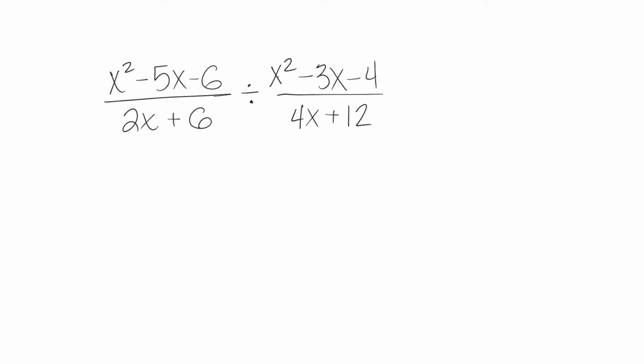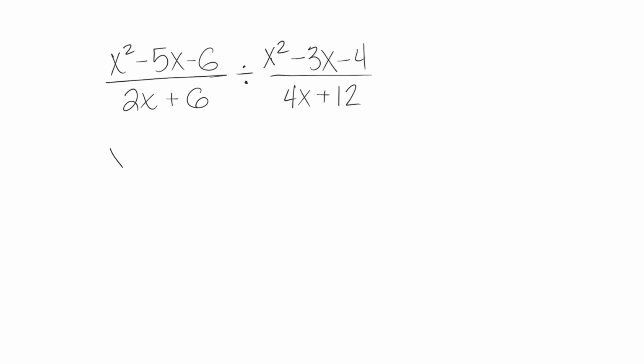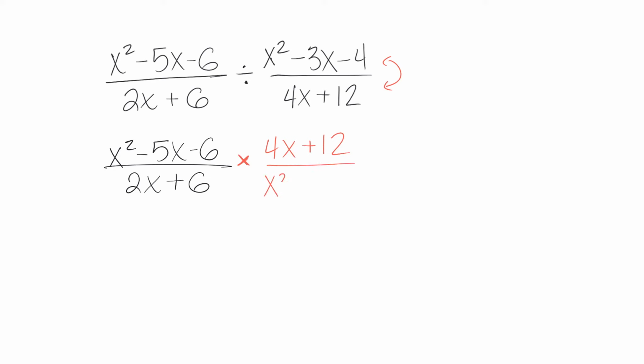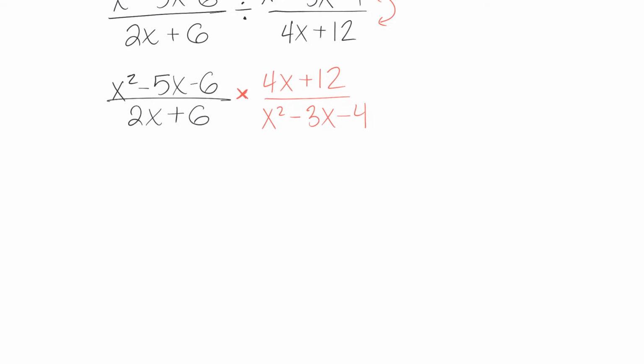Okay, I'm going to leave my first one alone because I'm not going to do anything to the first side. I'm going to change to multiplication, and I'm going to switch this thing upside down. So 4x plus 12 is now in the top, and x squared minus 3x minus 4 is in the denominator. Now I'm going to factor it, and I'm going to make one giant rational function. I'm right back to where I was 2 minutes ago.